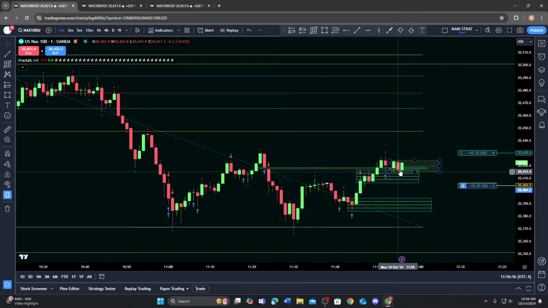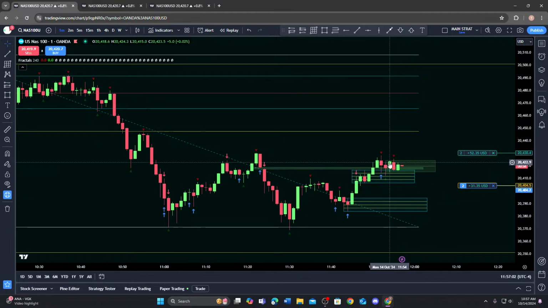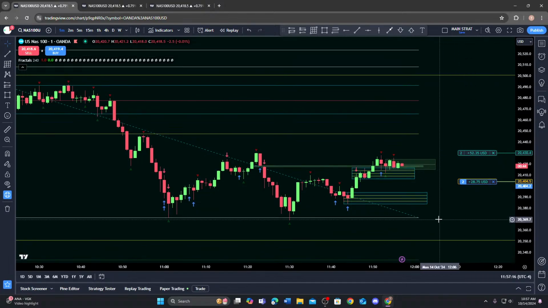So we want this candle to be broken. That's what we would like to see, for it to break above this candle, this green candle. It is 11:57.